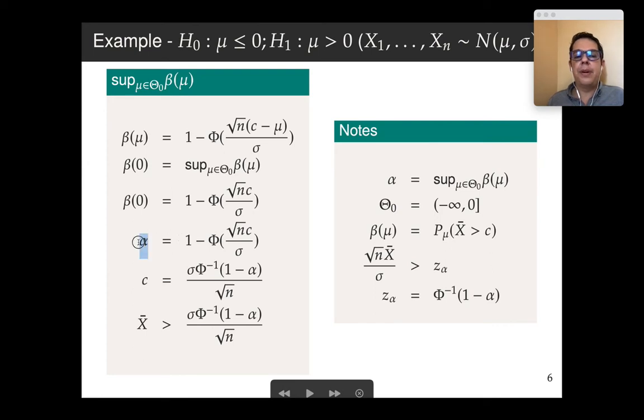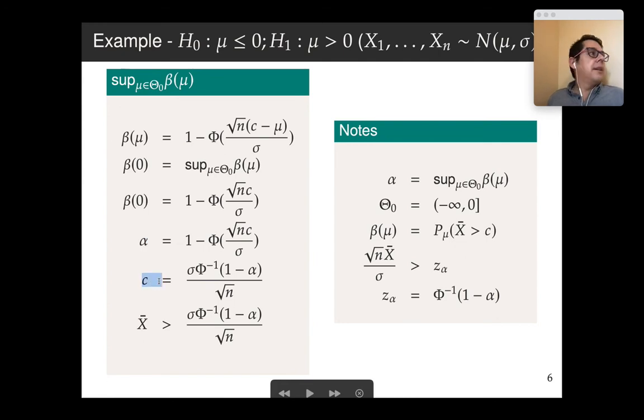I'm going to refer to the maximum value as alpha, and then I'm going to solve this equation for c. Alpha is the significance level, a parameter for which I can set a value. Normal values of alpha are 0.01, 0.05, 0.1. It's called the significance level.